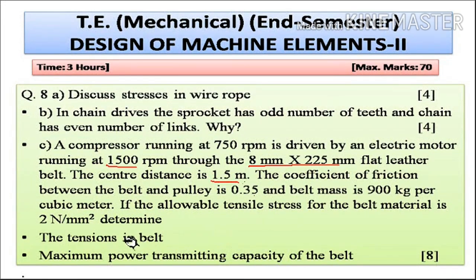The coefficient of friction between the belt and the pulley is 0.35, while the density of the belt material is 900 kg per cubic meter, and the tensile stress for the belt material is 2 Newton per mm square. We are asked to find the tensions in the belt, meaning the tension on the tight side and the tension on the slack side, and the maximum power transmission capacity of this belt.